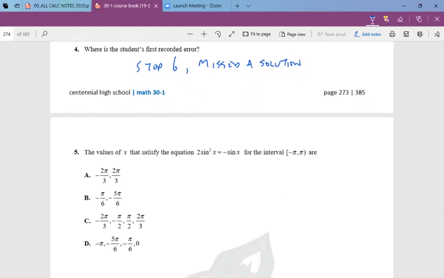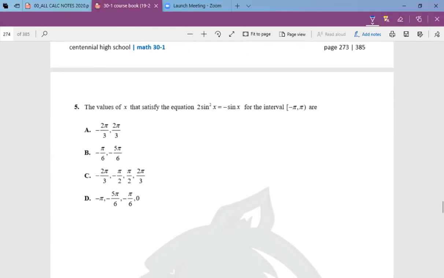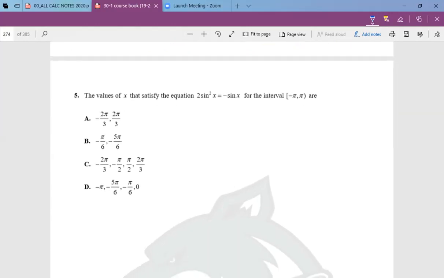Question number 5. The values of x that satisfy the equation 2 sine squared equals negative sine for the interval -pi to +pi. Okay, so a few things going on in this question. The first thing that I want to mention is this interval notation. Remember that that means -pi less or equal to x, strictly less than pi.